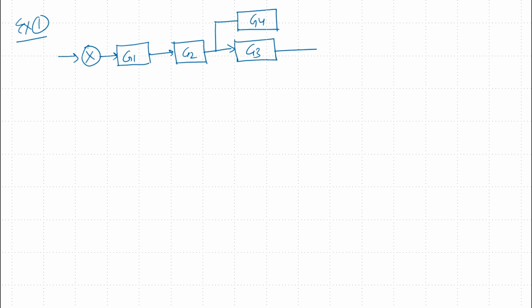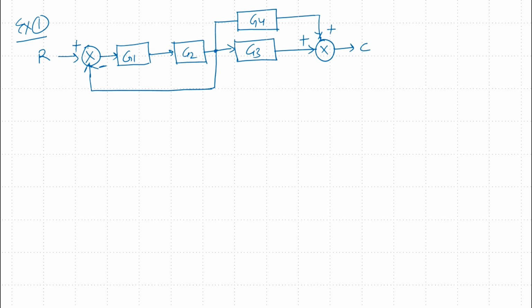Another block G4, and these blocks are added with the summing element. Both are added, and this is connected by a feedback network like this, and the input is given to this terminal. This is subtracted here. This is the takeoff point here, and finally we are getting output at this point.